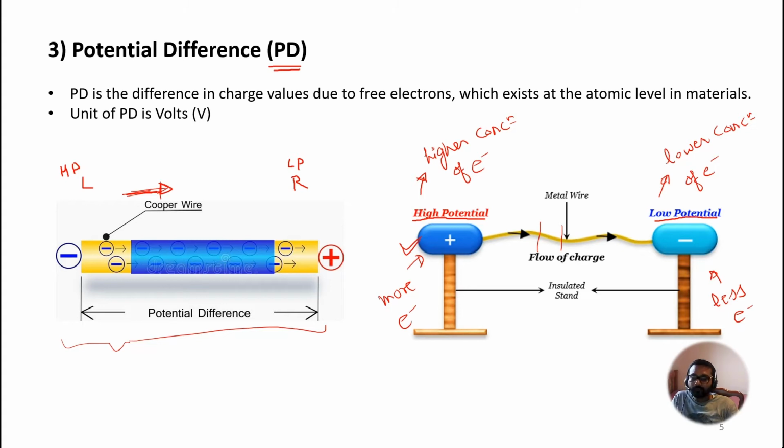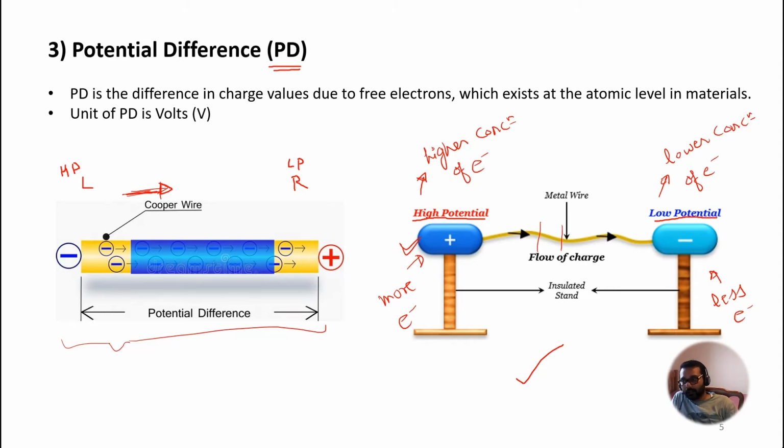So because of the flow of electrons, or because of the flow of charges, a potential difference is developed, right? Either it is inherent, like two different materials having different concentrations of electrons, and if you connect them by a wire the electrons would start flowing because of that potential difference.